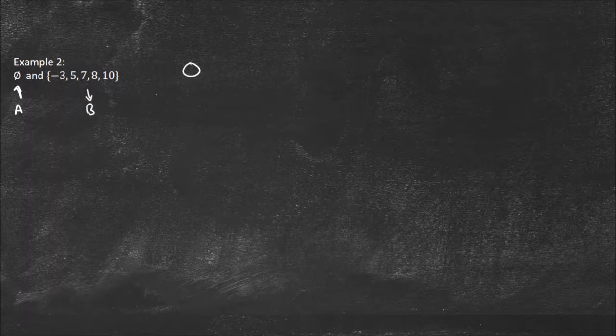All right, so example 2, we have the empty set, and we have the set -3, 5, 7, 8, 10. Okay, so let's name this A. Let's name this B. And remember, the empty set, we talked about this earlier, is just the set with nothing inside of it. And remember our rule, we said the empty set is a subset of everything.